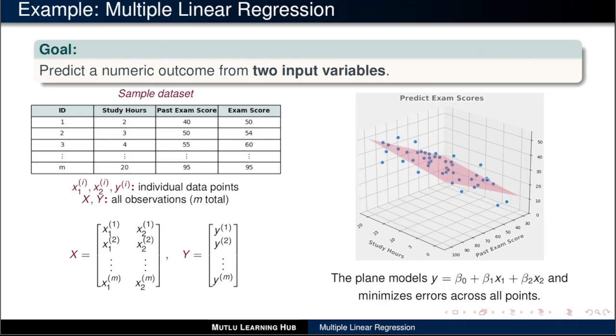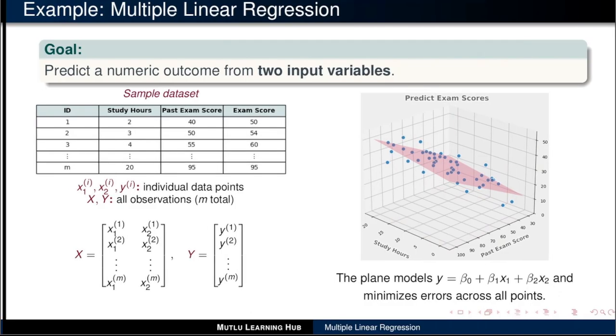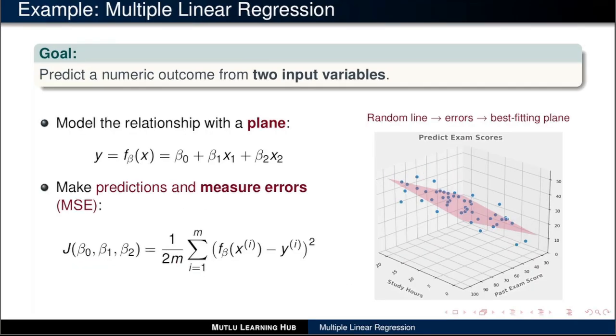The goal of multiple linear regression is to fit a plane, not a line, that best captures the relationship between these variables. The plane is defined by this: y equals beta 0 plus beta 1 x1 plus beta 2 x2. And it's positioned so that the total error between the plane and the data points is as small as possible.